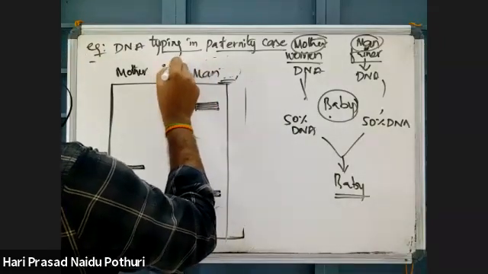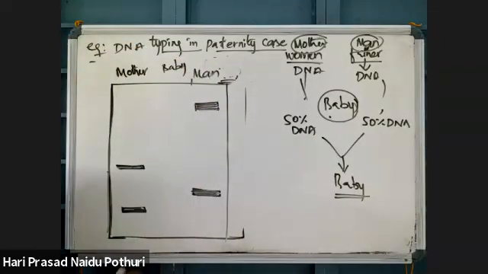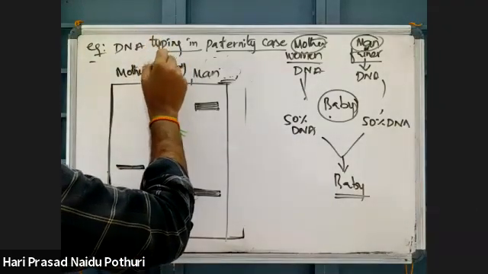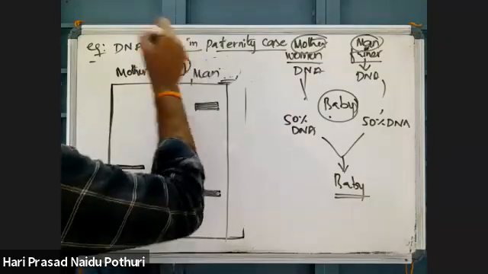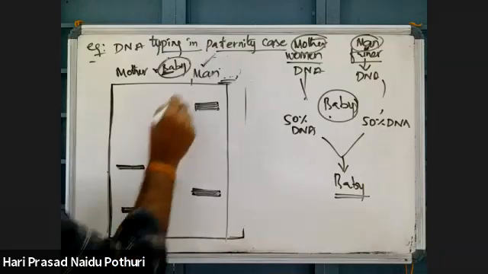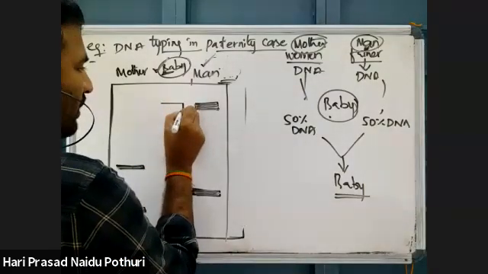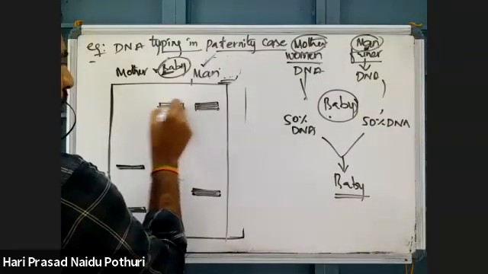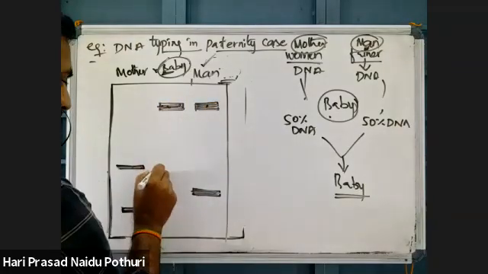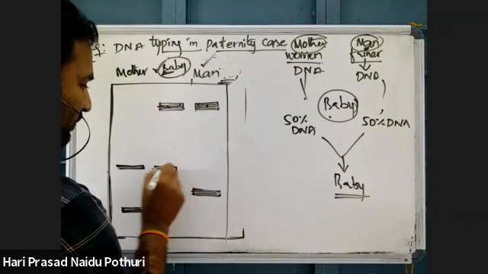Now, if we observe the baby DNA, if the baby is the daughter or son born to this man, then any part of the man's DNA among the 2, one will match with father and one will match with mother.